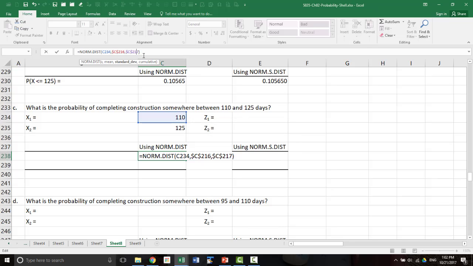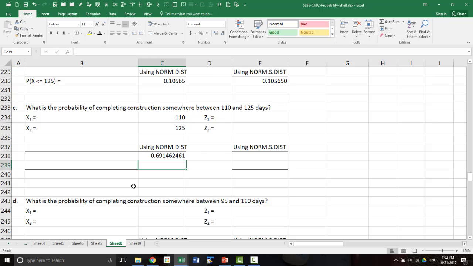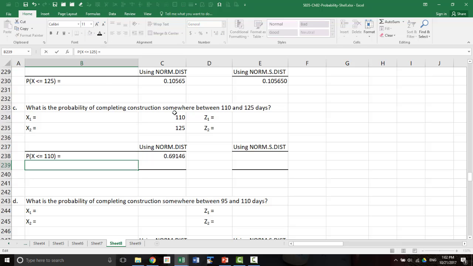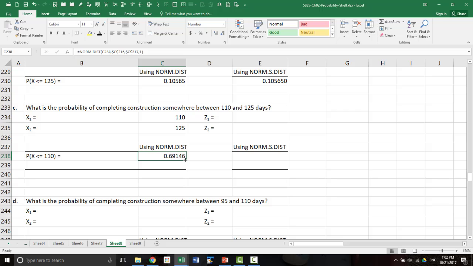I need to specify comma 1. I forgot that. Comma 1. All right, so now that is cumulative probability all the way till 110. Now if I copy that down here, so that removes the borderline, put the borderline there. That gives us the probability of x less than or equal to 125.